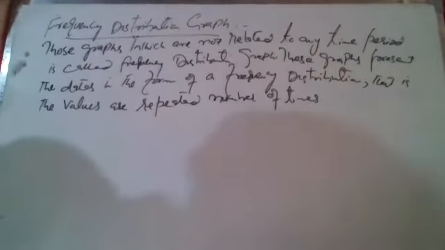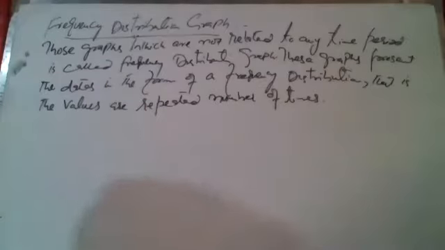Thus we can say that when the values are not related with some time period, or they are related with other factors, or they are repeated again and again, so graph of such series is called a frequency distribution graph.